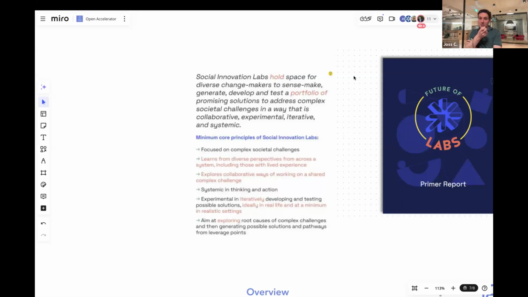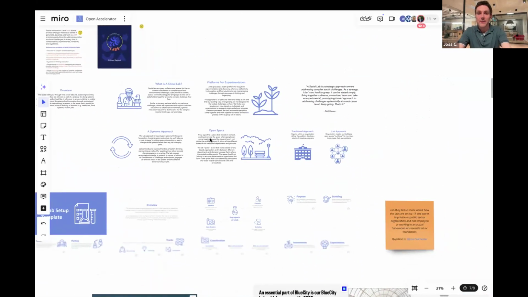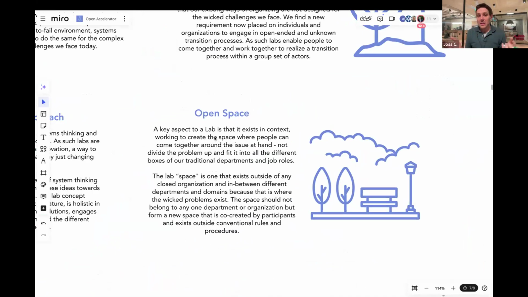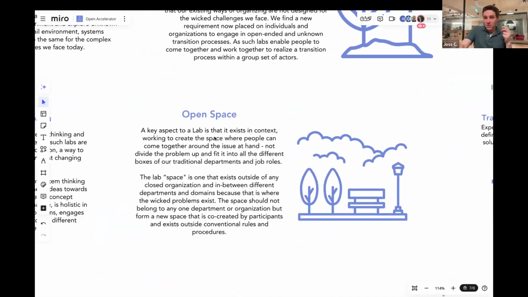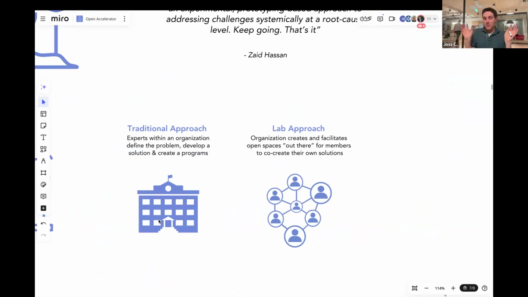Aim at exploring root causes of complex challenges. So I have some of those over here, is what they're saying. Like, we want it to be actually as out there in the world as possible. We're trying to get away from where we normally find ourselves in our boxes, right?